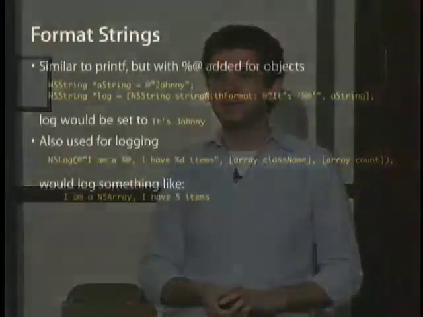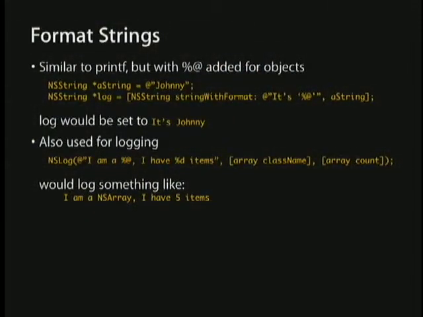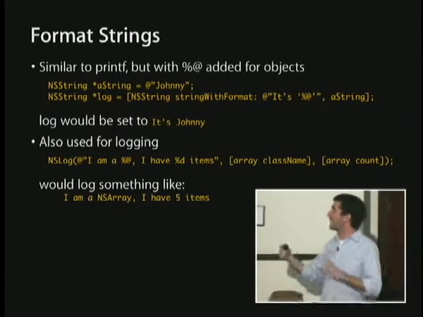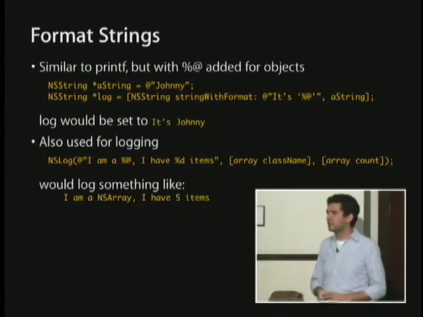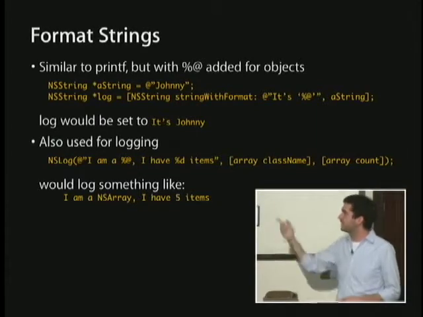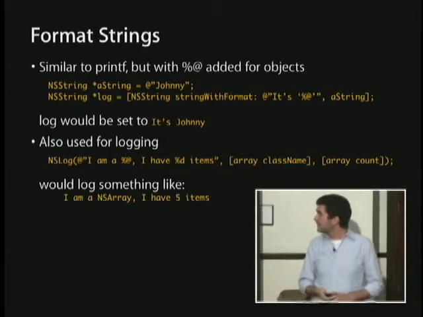Format strings, we talked about this a little bit already. Just like printf, but use the %@ to print the description of a particular object. There's a stringWithFormat convenience method on NSString. It's a class method on NSString. And if you passed it its %@, and then a string, it'll just format that right in there and give you back an NSString that contained its Johnny, assuming a string was Johnny.